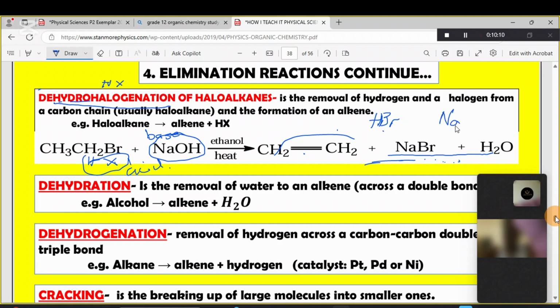And then here I have NaOH. So if Br goes with Na, what am I remaining with? H2O. Because remember, an acid plus a base gives me water and a salt. So this is a salt. Because we put Na and Br on it, we were left with OH. Okay.